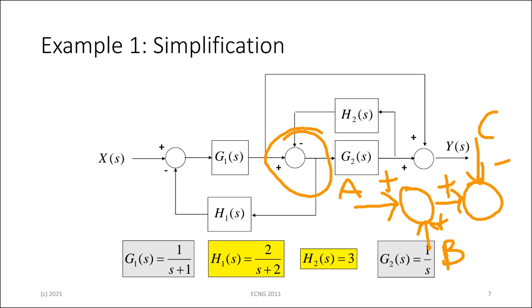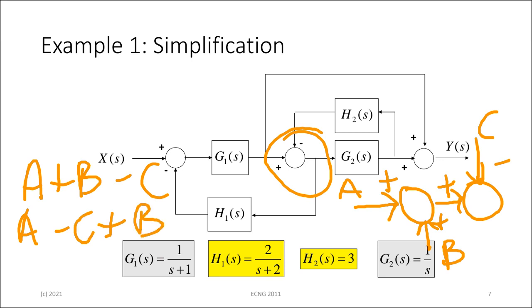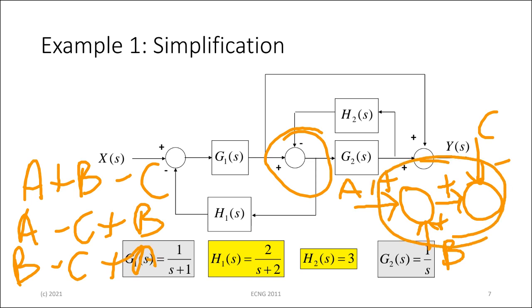Remember that A plus B minus C is the same as A minus C plus B, which is the same as B minus C plus A. So you can manipulate summing junctions quite a bit if they are next to each other, or within reasonable distance. If you move a summing junction from one place to another before a block, you're allowed to do that. Then you can swap the positions of the summing junctions fairly easily.